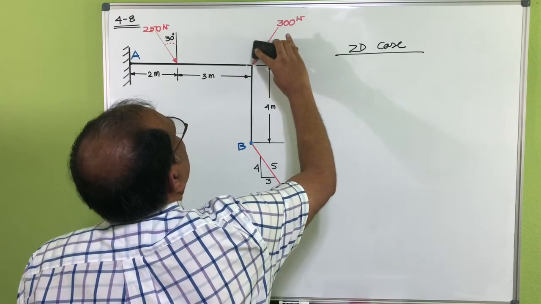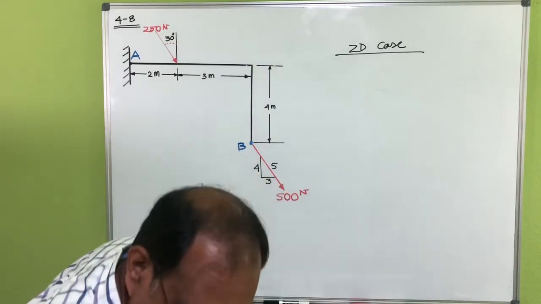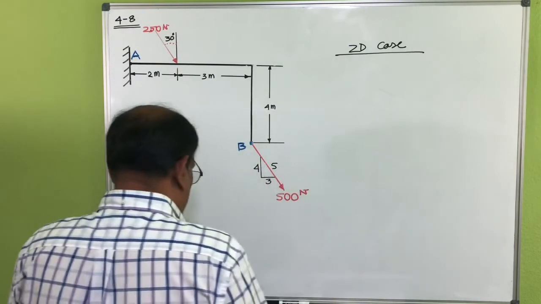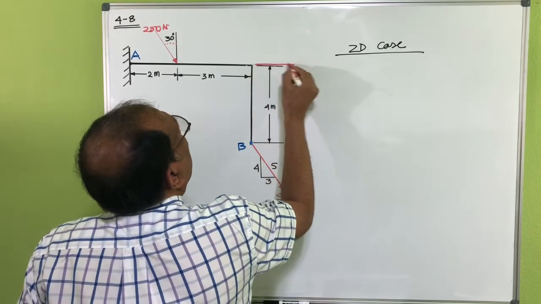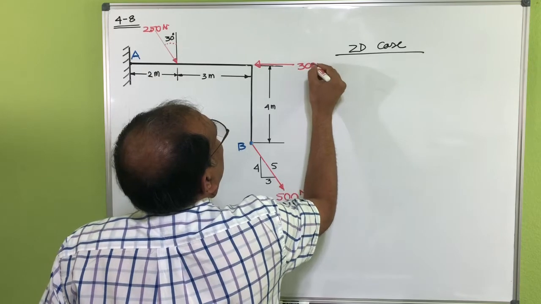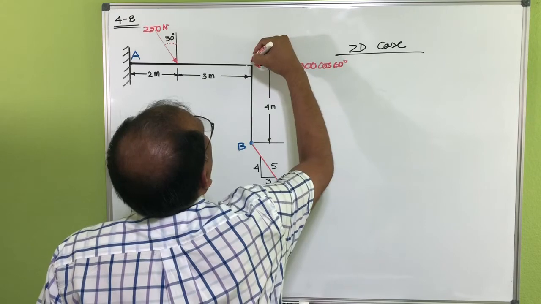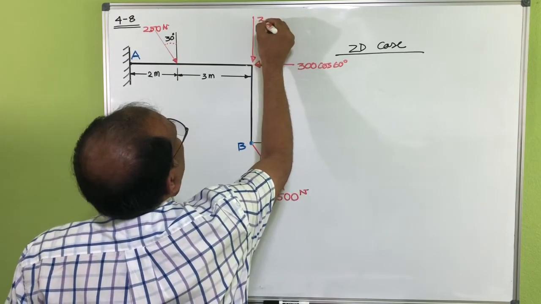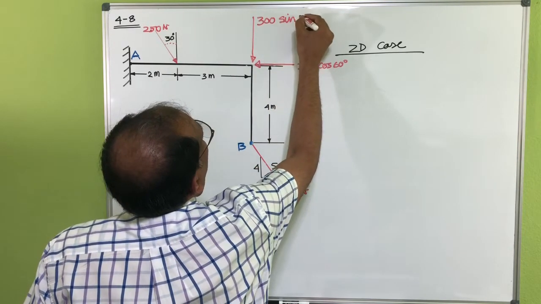So this one has 300 cosine 60, and 300 sine 60.